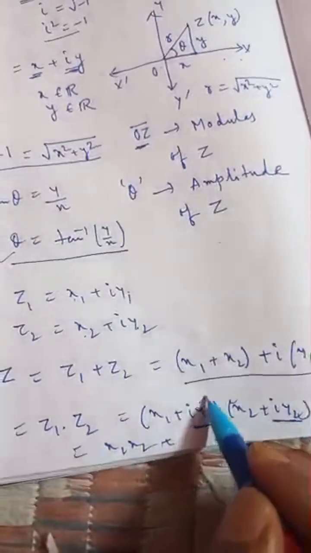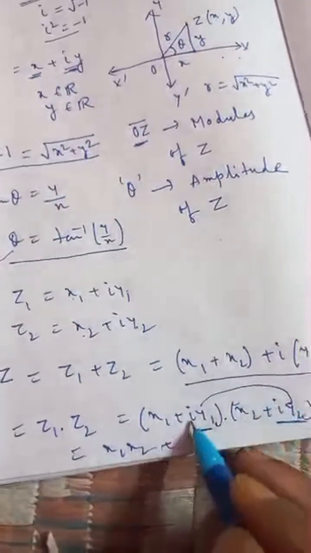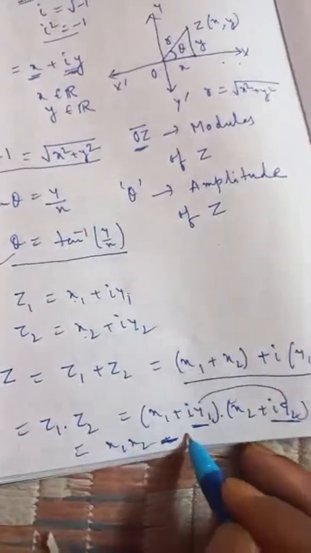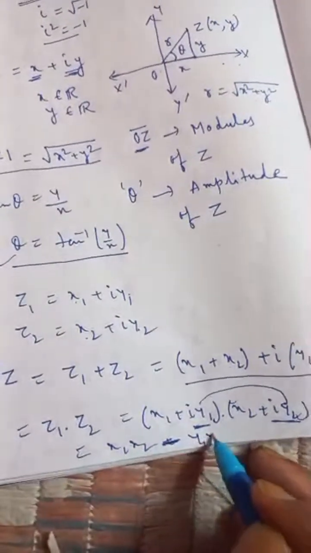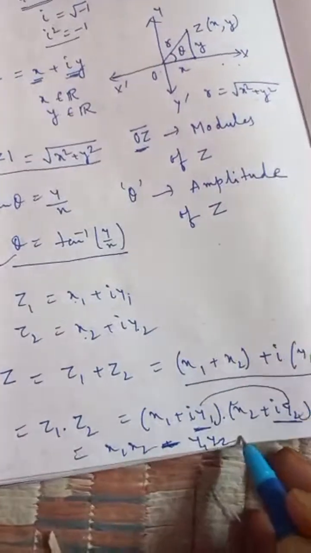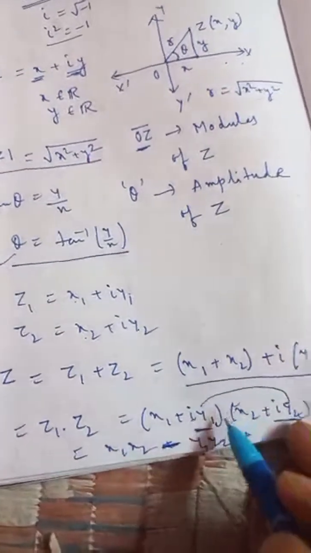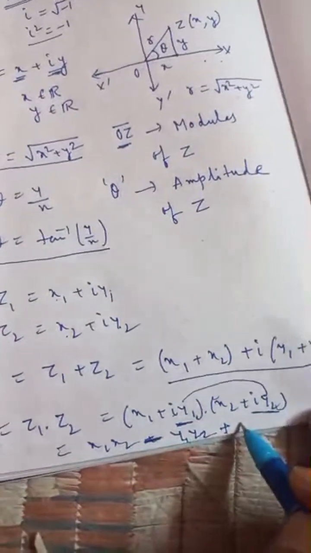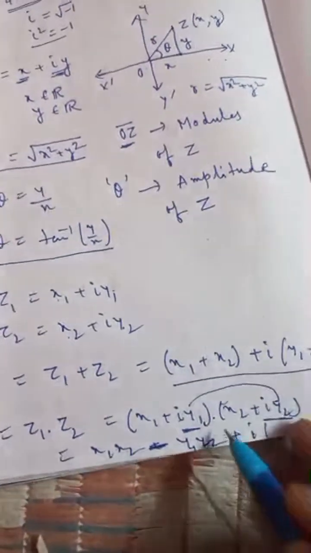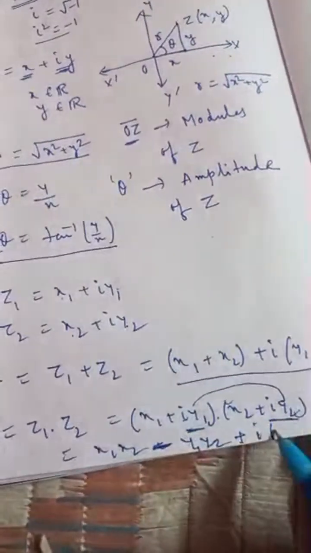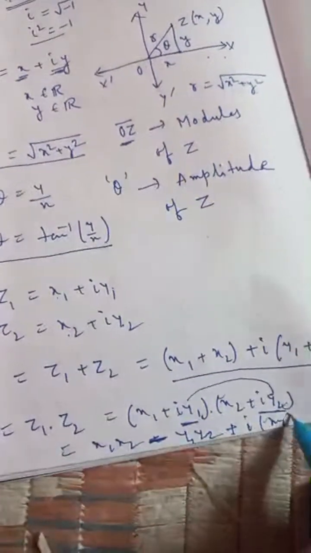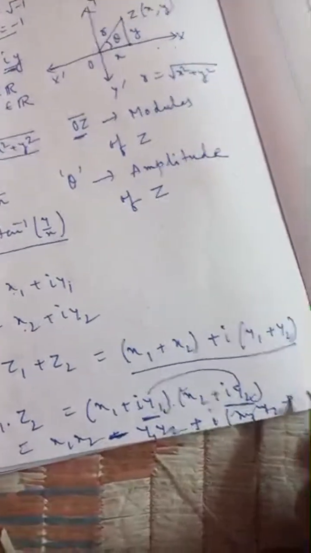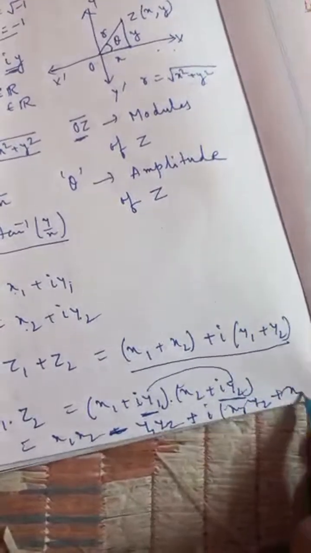If we multiply both of the iota terms, we get iota square, which is equal to minus 1. So this will give us minus y1 y2. Plus, from the other multiplications we get the imaginary part, iota times x1 y2 plus x2 y1.